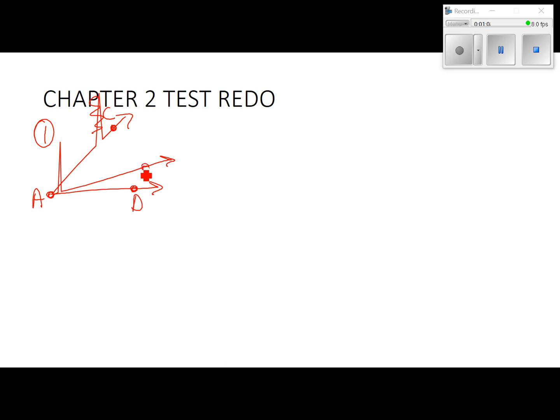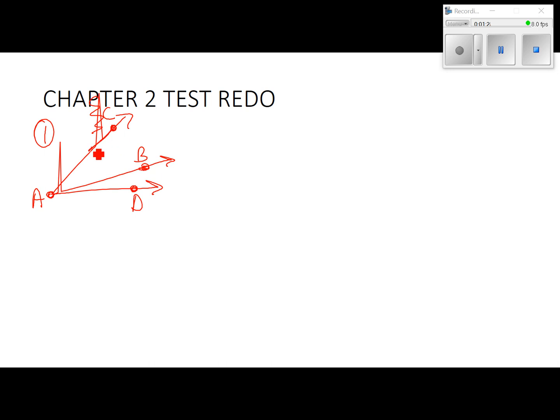It just tells us it splits it into two angles. It doesn't tell us that it bisects it or anything else, so we can't assume that. So then it says ray AB is an angle bisector. Well, we don't know that because they didn't tell us that.